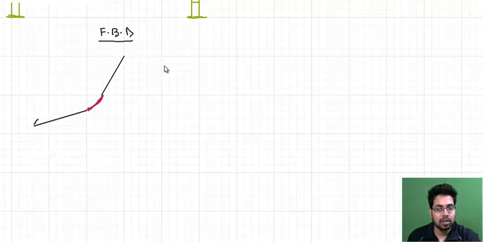So here, these are the tension forces, which act away from the body.